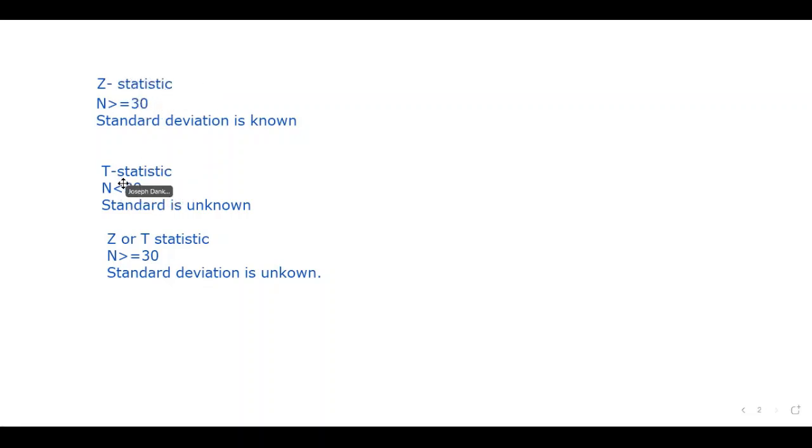And if your n is less than 30 and your standard deviation is unknown, you're going to use the T test. But you may have a question where you can use both the Z or T test, and that will be when your n is greater than or equal to 30 but your standard deviation is unknown. So let's move back to the screen and continue.